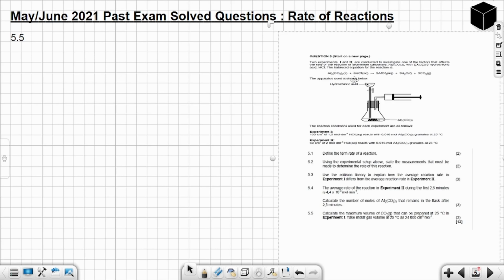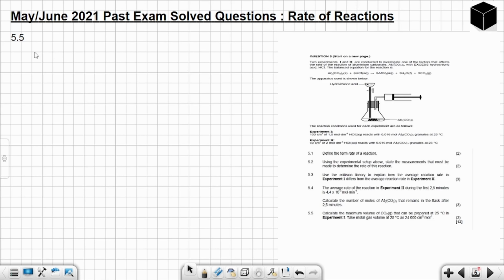So we are going to use the limiting reactant in order to calculate the maximum volume of carbon dioxide collected in the syringe. And the limiting reactant is aluminum carbonate. So the production of carbon dioxide will be determined by the limiting reactant, which is aluminum carbonate, not the excess reactant.